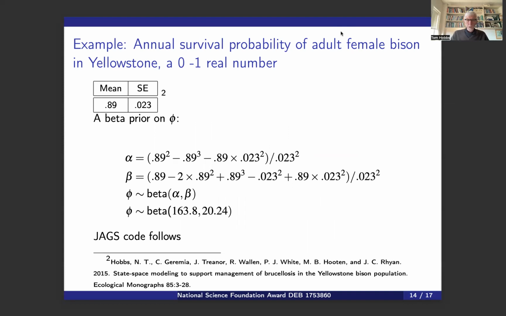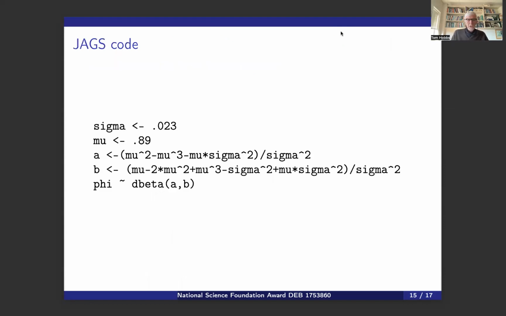So we can use the moment-matching function to find values for alpha and beta, and then we can use those values to compose our informed prior on survival probability of adult female bison. And here's the JAGS code. It's a simple translation of the math, almost one-to-one.